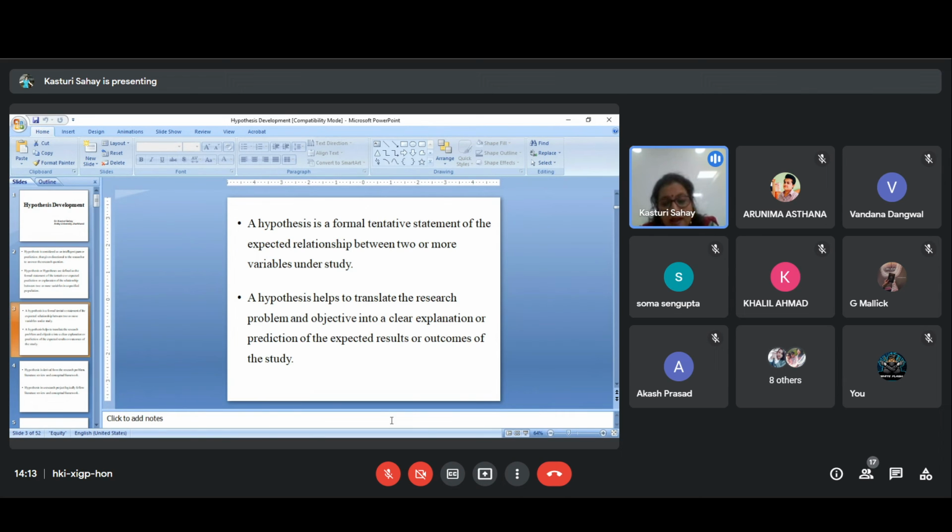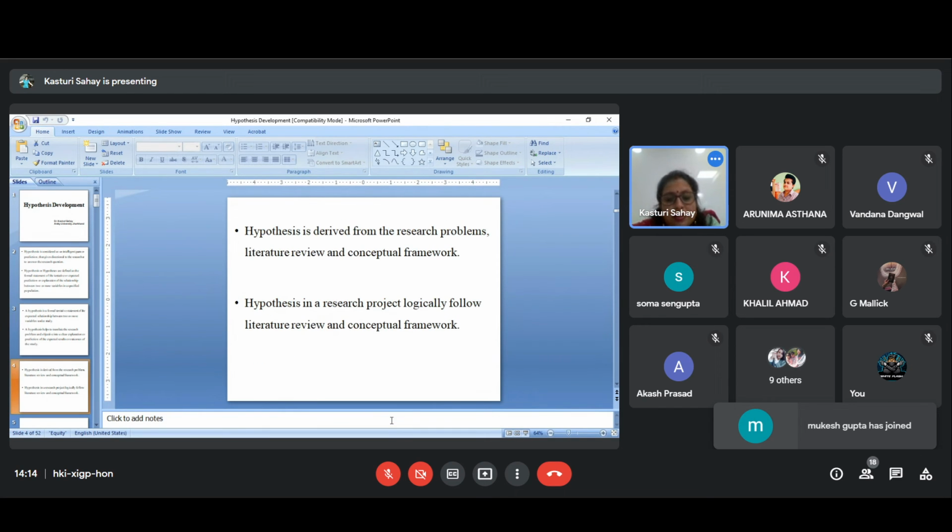You cannot have a different research problem and objective, a totally unrelated hypothesis, and a totally unrelated outcome. So the first thing which you need to be conscious of is that there has to be a link between your research problem and objectives, the hypothesis which you have developed, and the outcome results of your study.